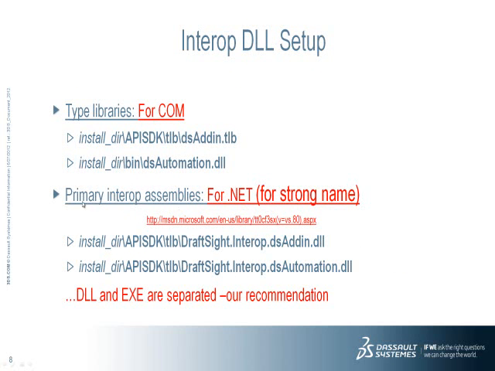So the primary interop assembly for .NET, for example, if you want to achieve strong binding, is beyond the scope of this webinar discussion, but I put a web link here of Microsoft Developer Network that explains more about strong names. And the bottom line here is that the DLL and the executable program are separated.